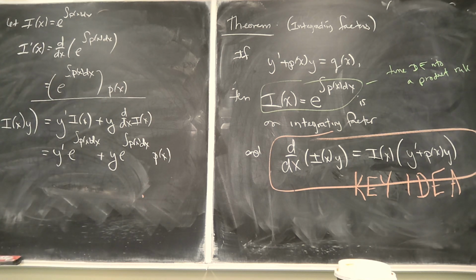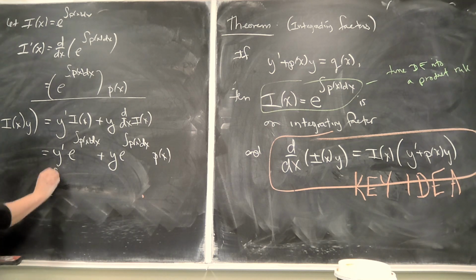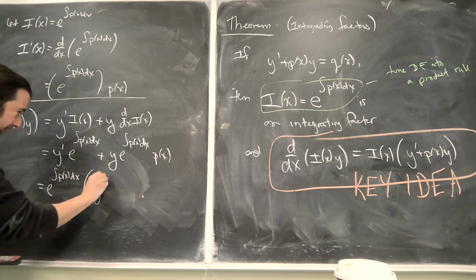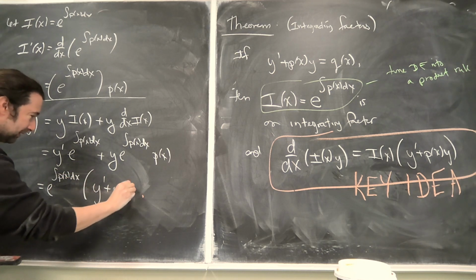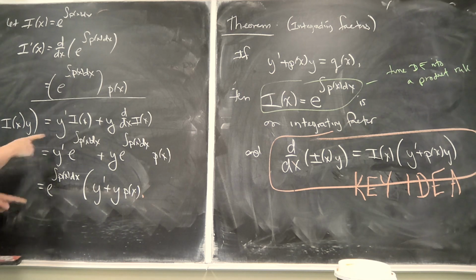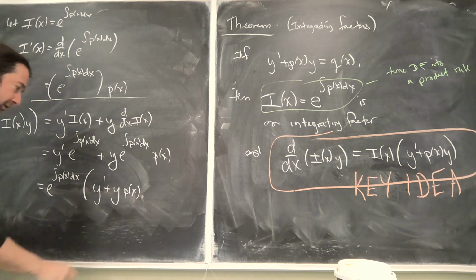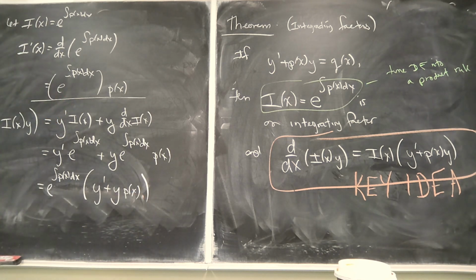But then can I just factor the e to the integral of p of x out of both parts? It's like a cheesy trick. y prime plus y times p of x. Yeah, that's right, I got my p in the right spot. Here we go. And I think that's just I of x again.